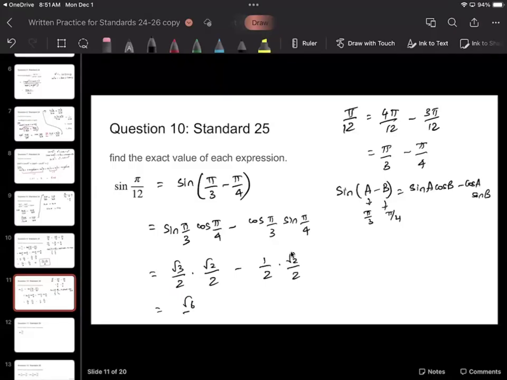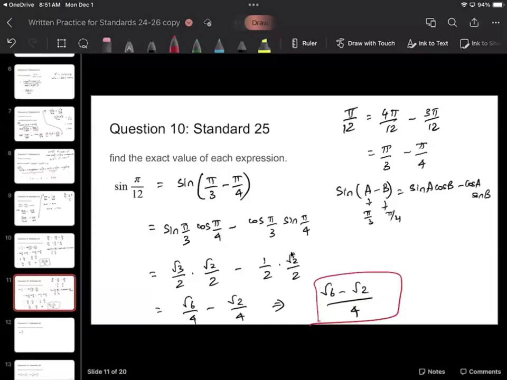So this is root 6 over 4 minus root 2 over 4. And that gives you the final answer as this. Does this make sense? You're just applying the formula and using your unit circle values.